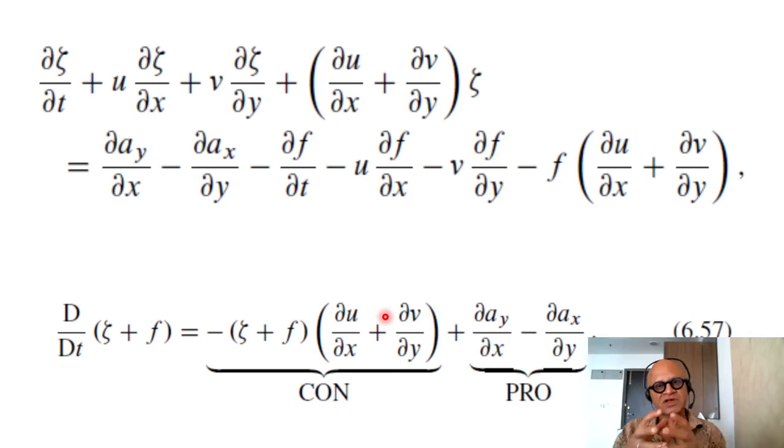So each water parcel, let's say, is carrying total vorticity. When water masses converge or diverge, you're going to change the vorticity, and that's this term. And then there is a production term that is related to the forcing Ay and Ax. So dAy/dx minus dAx/dy is the production term. So obviously we're going to go back to the Stommel wind forcing problem, where wind stress had a curl.